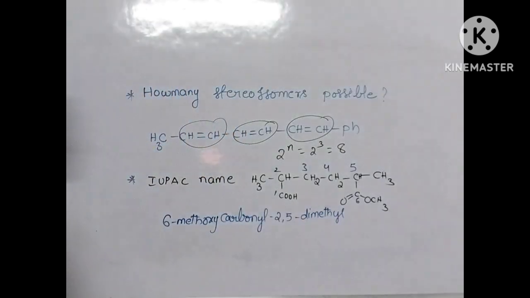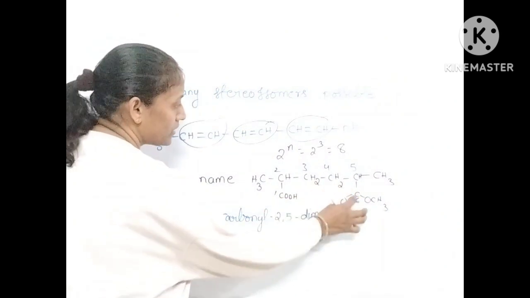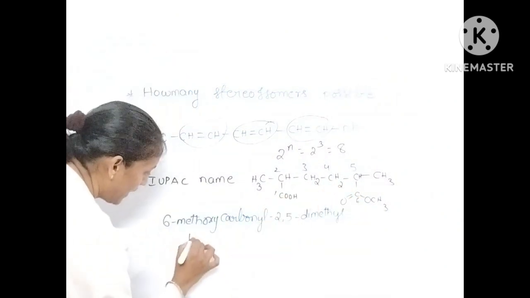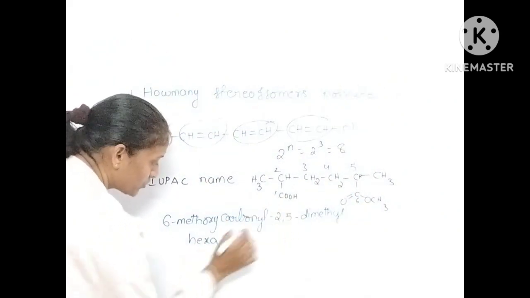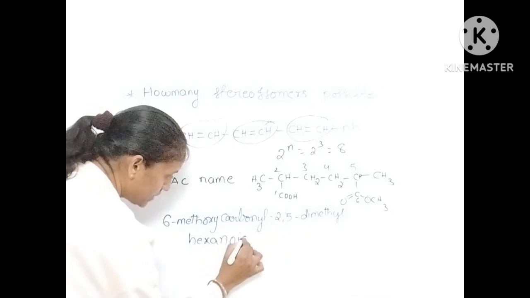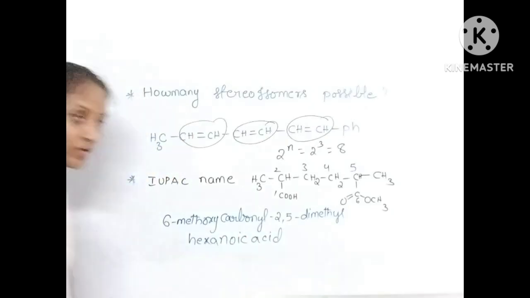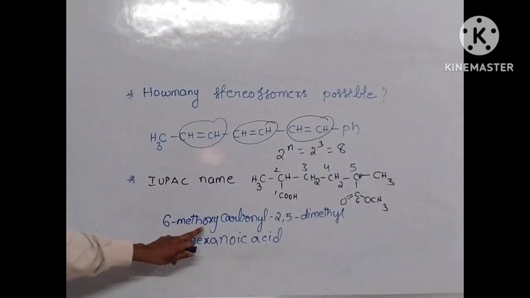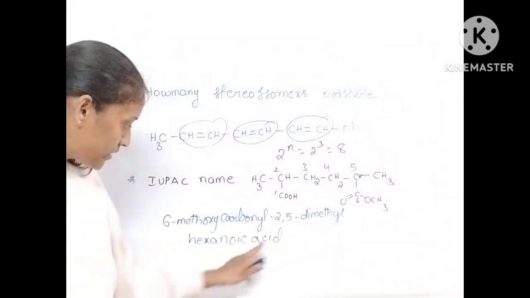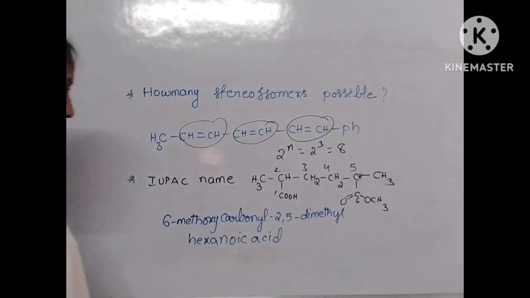How many carbons are there? Meth, eth, prop, but, pent, hex. Hexanoic acid, this is the COOH group. The IUPAC name for this molecule is 6-methoxycarbonyl-2,5-dimethylhexanoic acid.